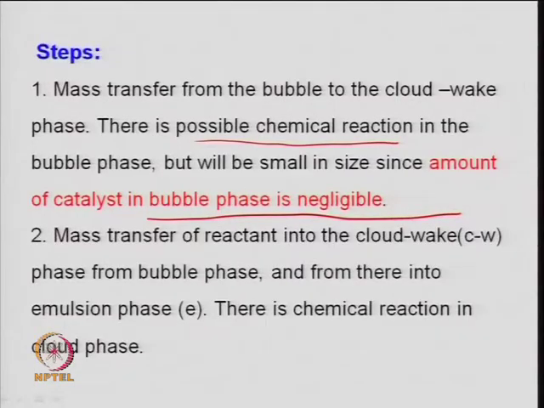Second step, when it reaches the cloud and wake, right. There is mass transfer of reactant into the cloud and wake, which is the CW phase, from the bubble phase, and from there into the emulsion phase. Now there is enough concentration of the catalyst, so there will be a chemical reaction also in the cloud phase.